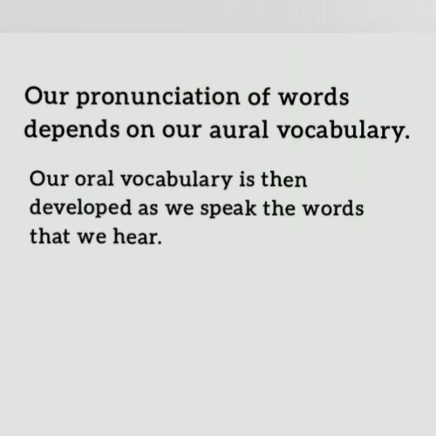Let's continue. So we said that our aural vocabulary consists of those words that we know and understand whenever we hear them, A-U-R-A-L vocabulary, aural. And then our aural vocabulary helps to develop our oral vocabulary, which are those words that we actually use when we're speaking, like we know what we're saying and we use them.